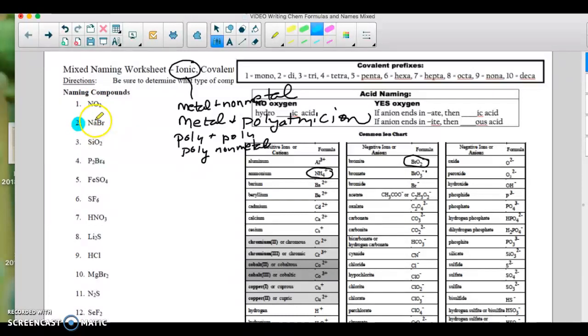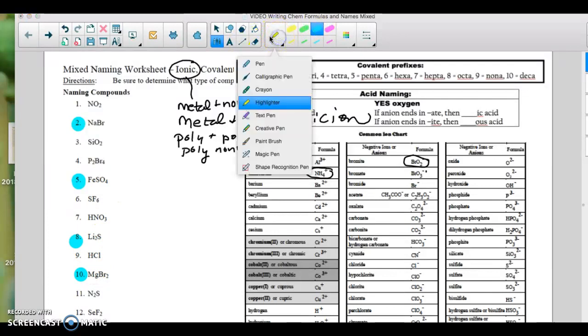Sodium's on the left side of the periodic table. Bromide is on the right side. This one, they're both nonmetals. Here we have a metal with a poly. Two nonmetals, so that's covalent. There's an acid. Oop, there's another ionic. Another ionic. So let's do those.